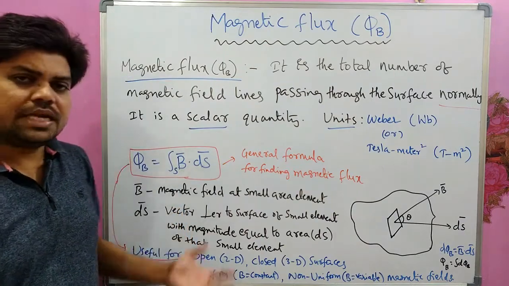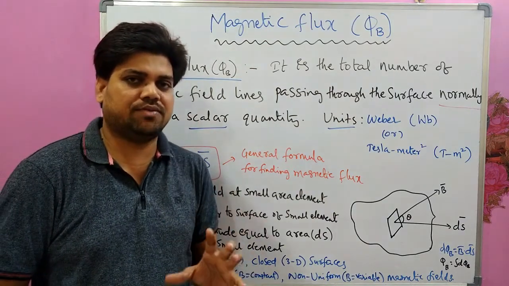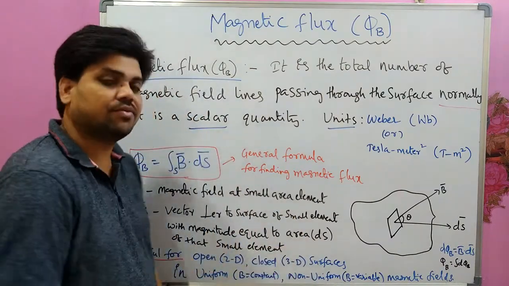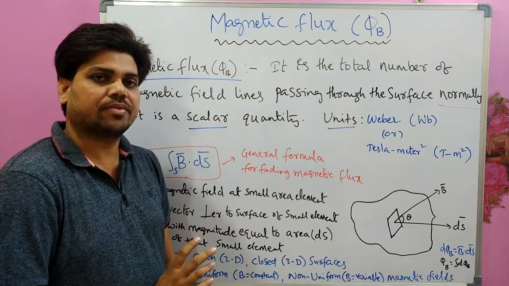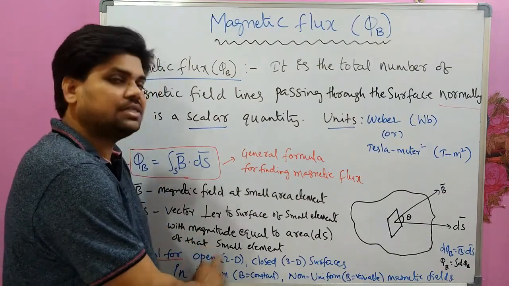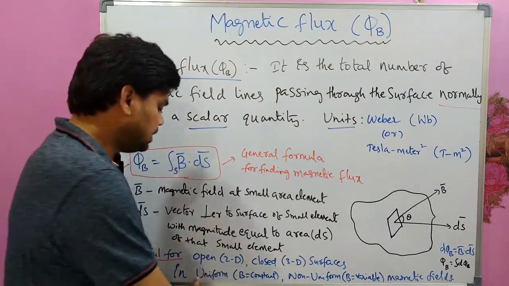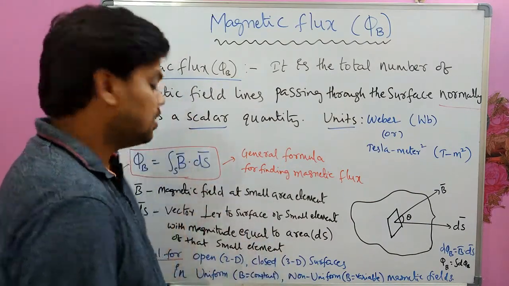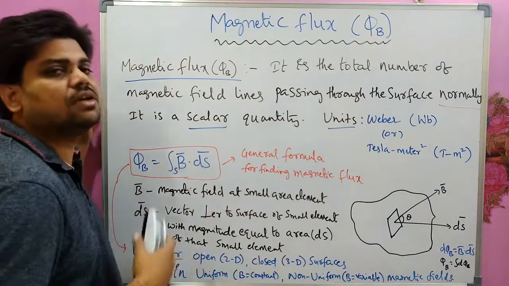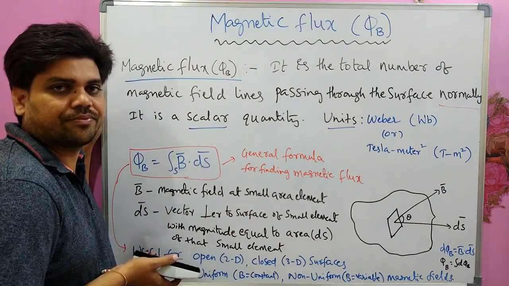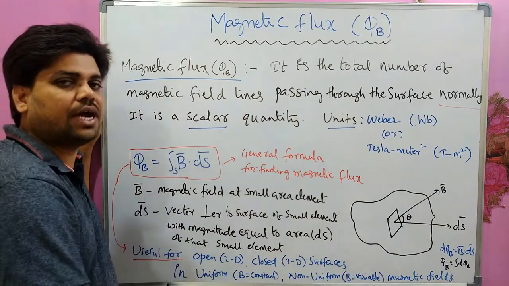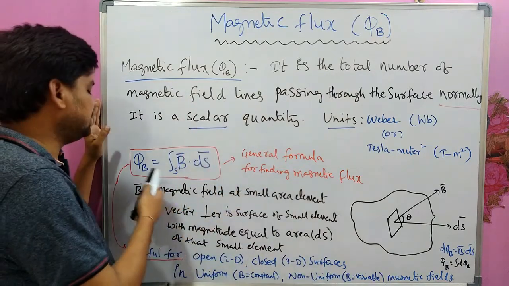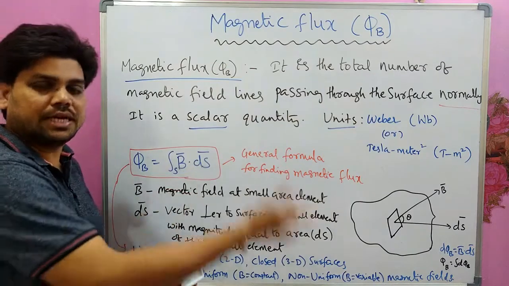if a two-dimensional surface, that is an open surface, is placed in a uniform magnetic field, that is B is equal to constant. One special case. If an open surface or two-dimensional surface is placed in a uniform magnetic field, that means everywhere B is constant, then how will this flux formula change, and in what way does it depend on certain factors?